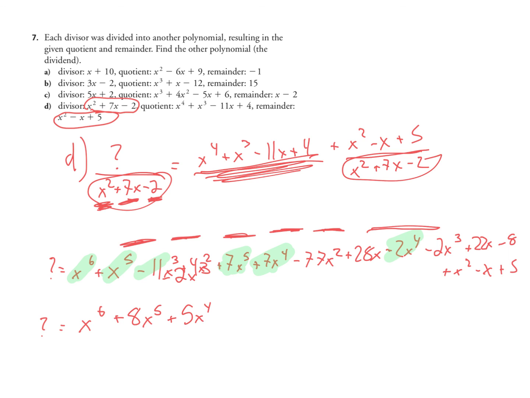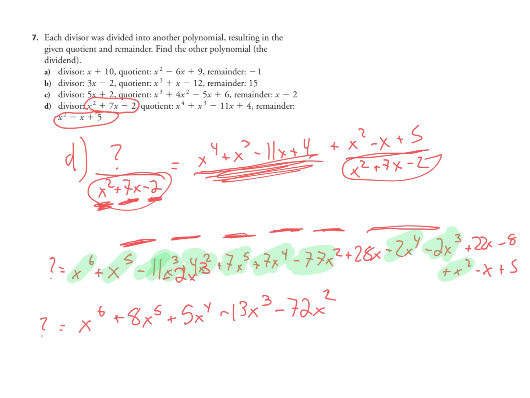Okay, let's do our x to the 3, so minus 11 minus 2, 13 total. It's 13x to the 3. All right, let's do our x squares. You got 4, ooh, negative. So we got minus 73. Any others? Oh, minus 72. So minus 72x squared.